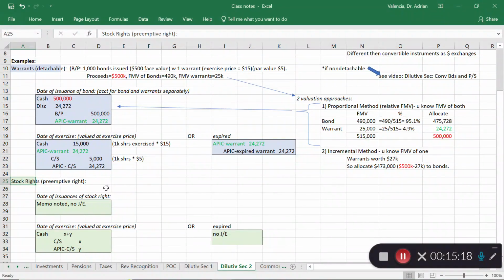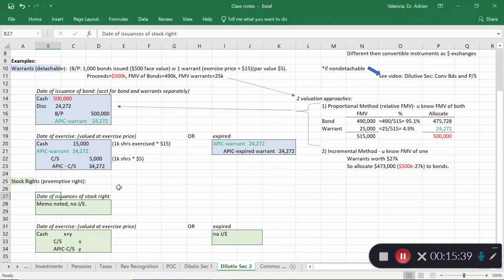So when a company is going to issue stock, they give existing stockholders these rights of a short-term duration that a stockholder can use to purchase more shares. And many times they are at a favorable price, but that's not always the case. But nevertheless, here's what happens.